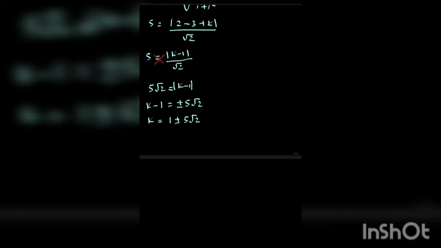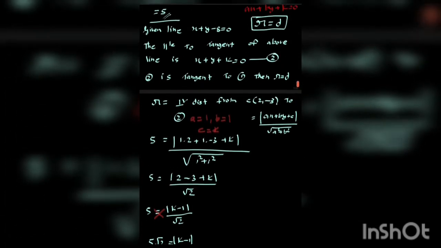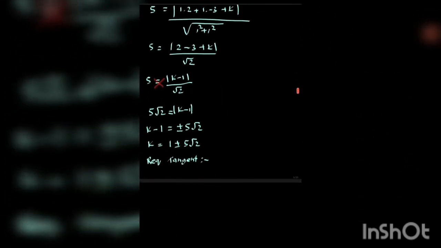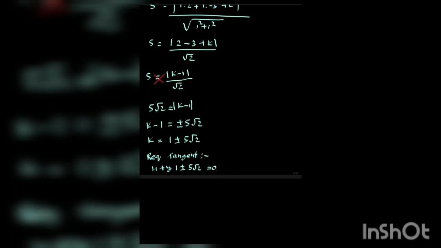Substitute k value in equation 2. Then we get the required tangent. So what is second equation? X plus y plus k. So in place of k we should write 1 plus or minus 5 root 2 is equal to 0. So this is the required tangent.